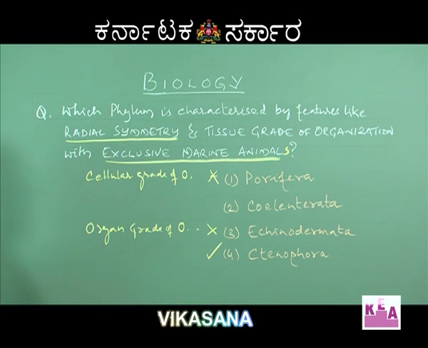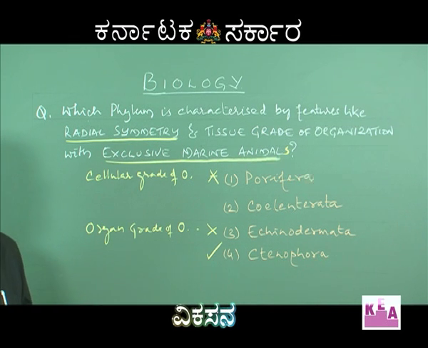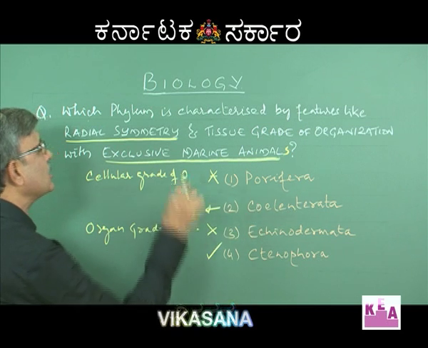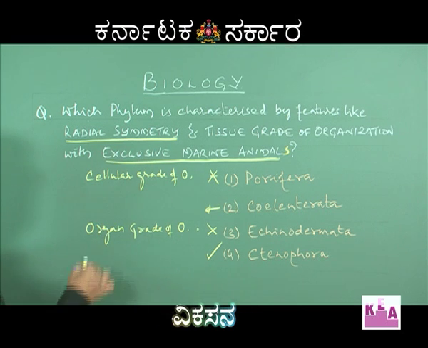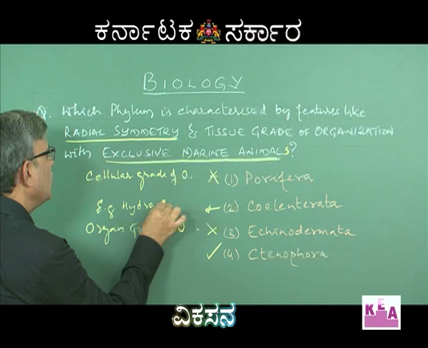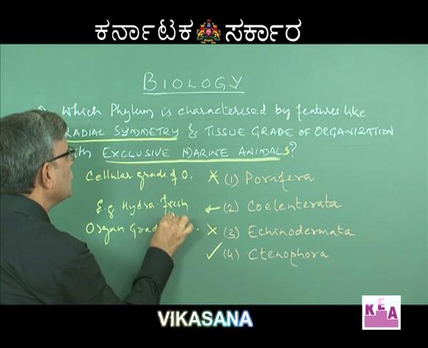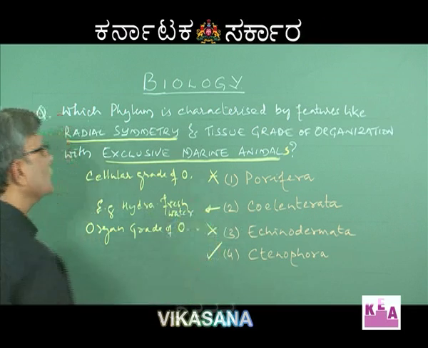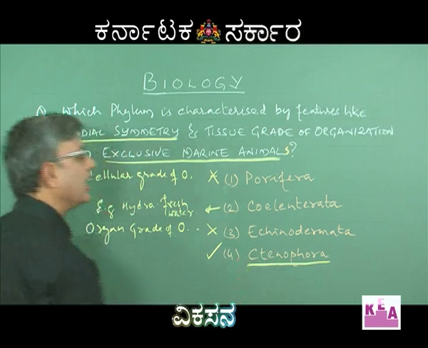What about coelenterata? In coelenterates, we have freshwater forms as well as marine forms. The classical example for freshwater form in coelenterates, where we have tissue grade of organization, is hydra. I hope all of you remember. Example, hydra. Hydra is a freshwater form. So thereby option 4 is the right answer.